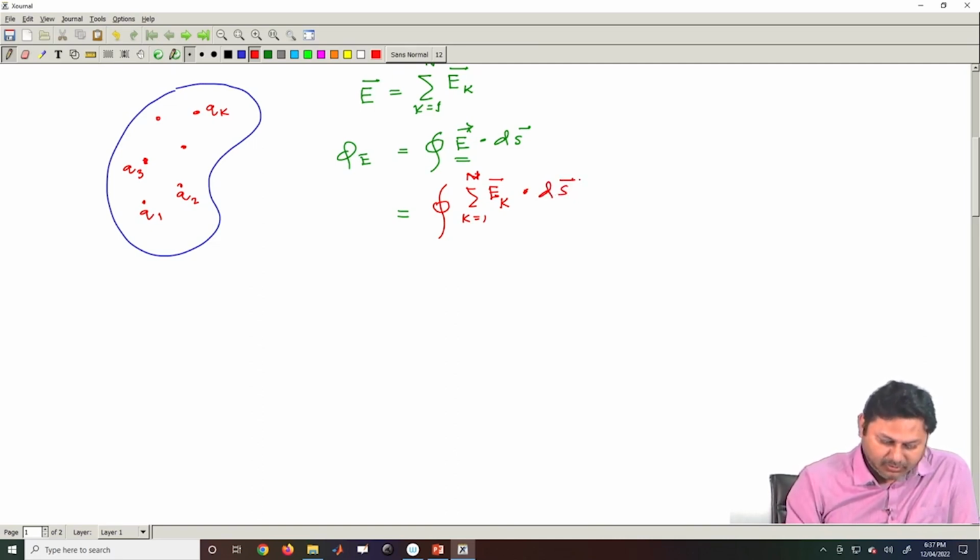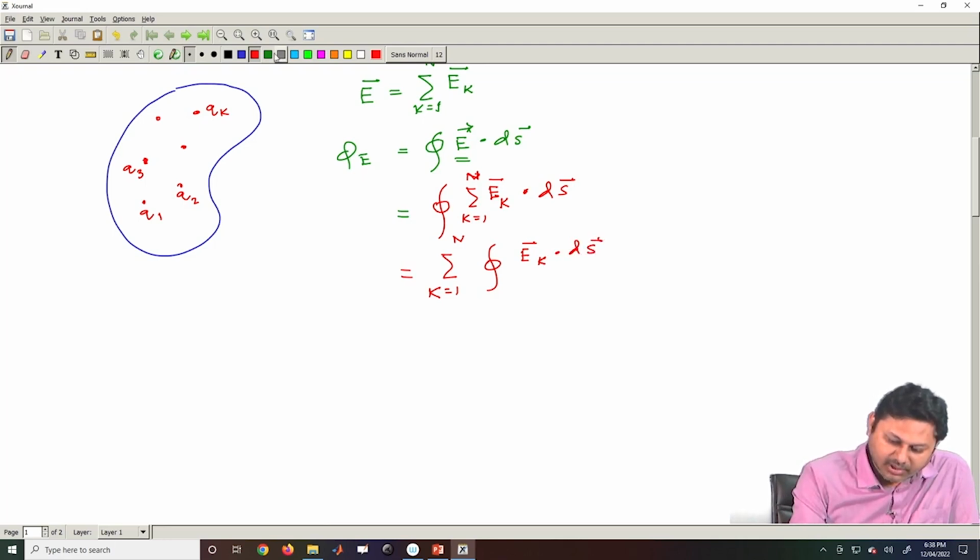So I can put the summation of k from 1 to n outside, and then it is the integration of E k dot ds.